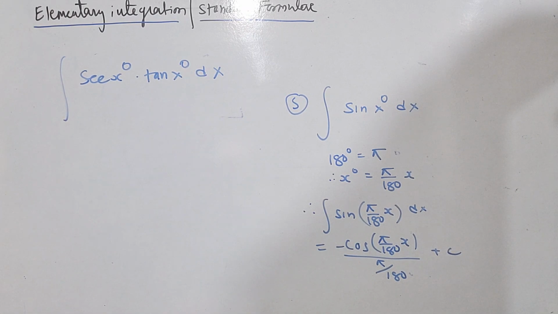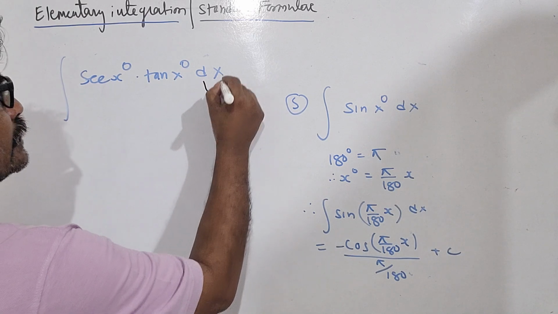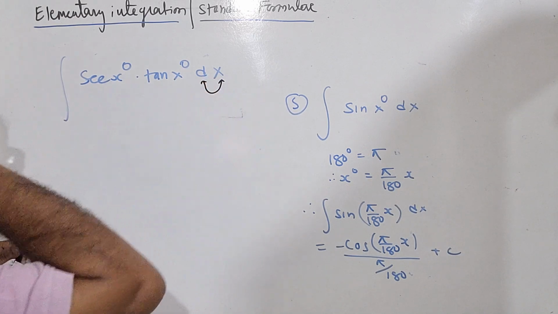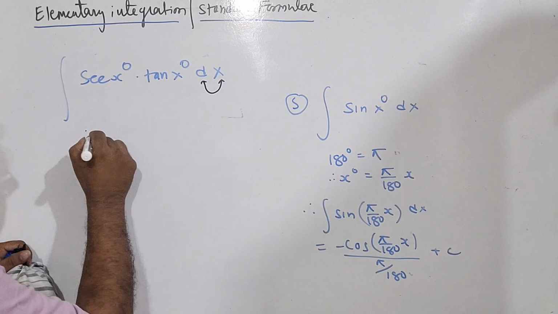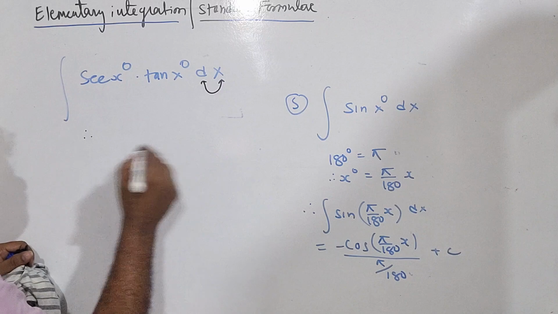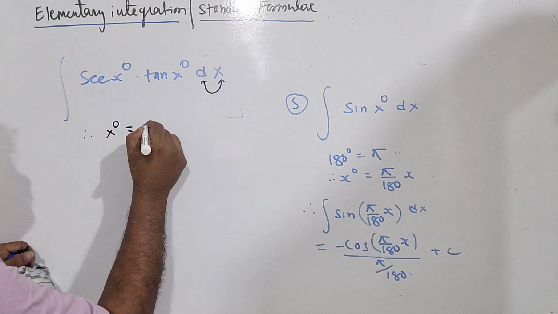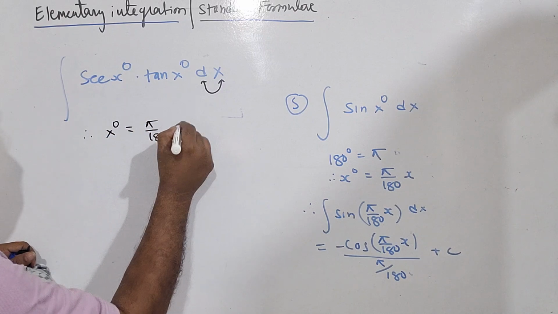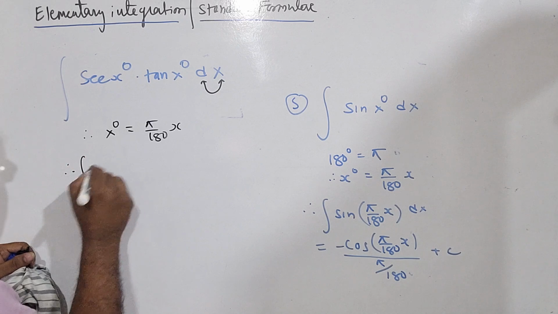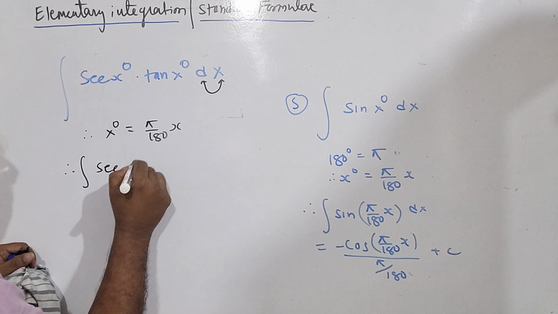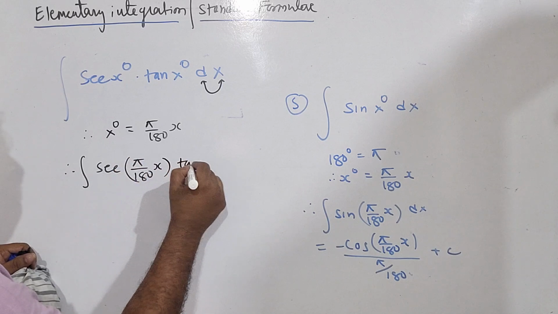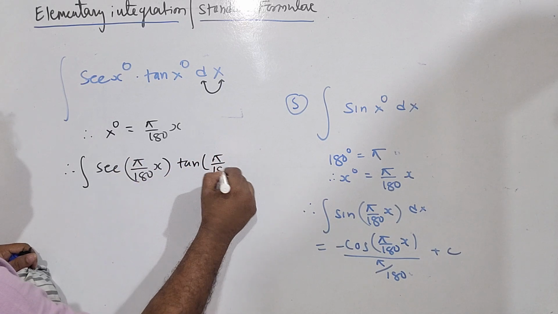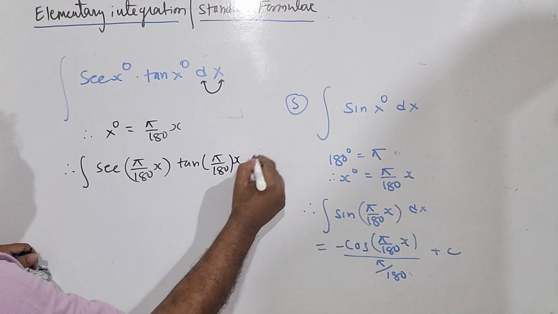Correct. Now, the integration variable is x, but these are functions of x degree. So first of all, we have to convert this. In similar fashion, x degree is pi by 180 of x. So therefore, this is sec of pi by 180 of x into tan of pi by 180 of x into dx.